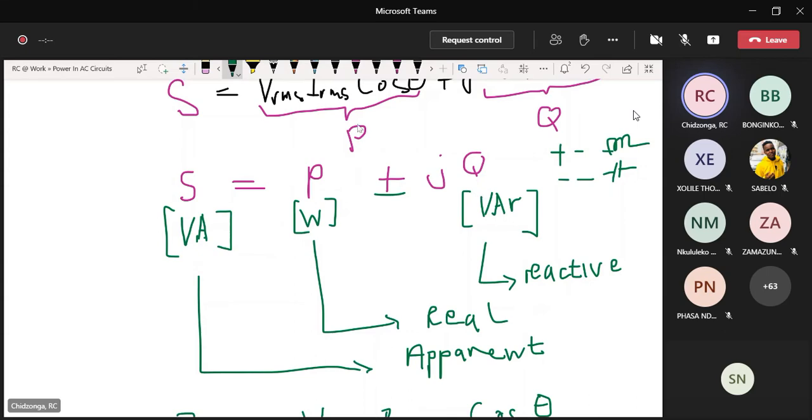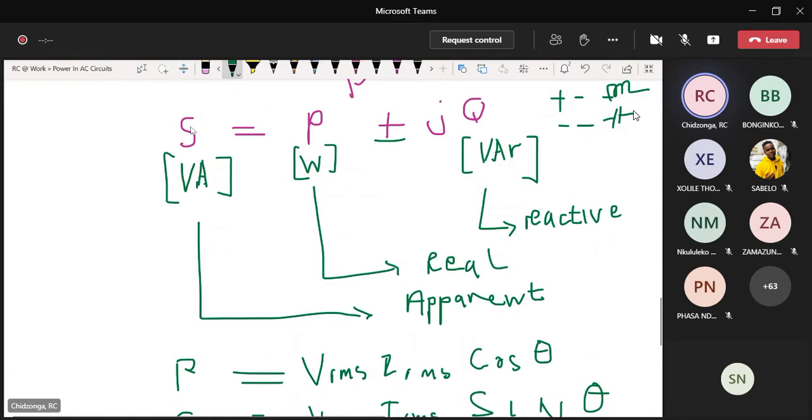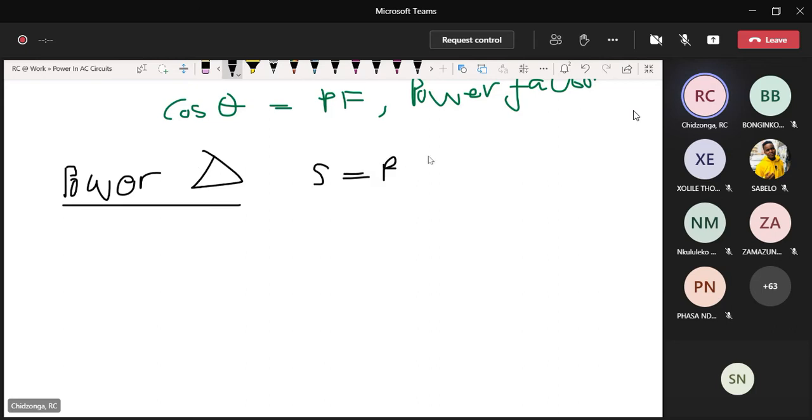Now, to conclude today's section, if you look at this equation here, right? Let me put a small subheading, and I'll call this power triangle. We now know that S apparent power is equal to P plus or minus jQ.